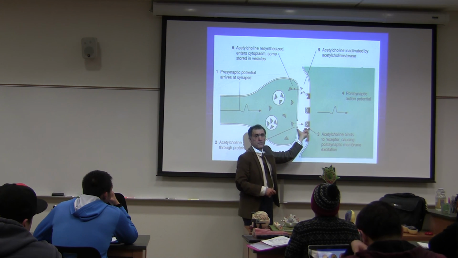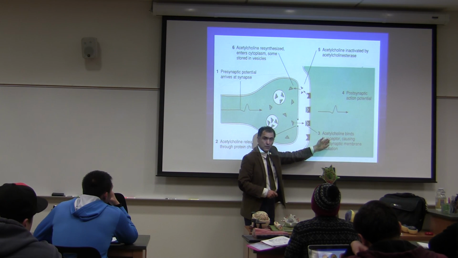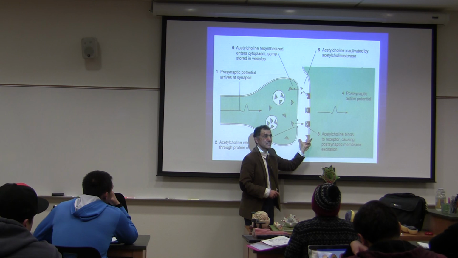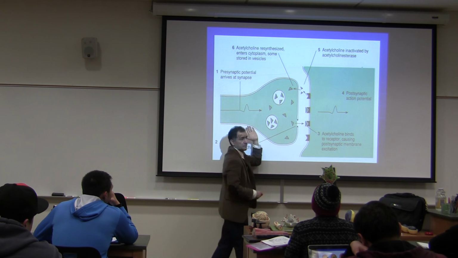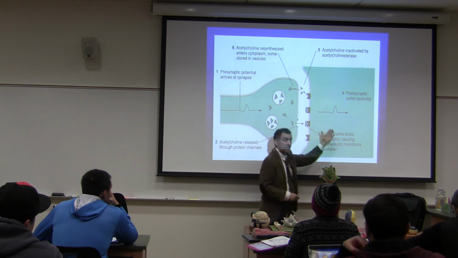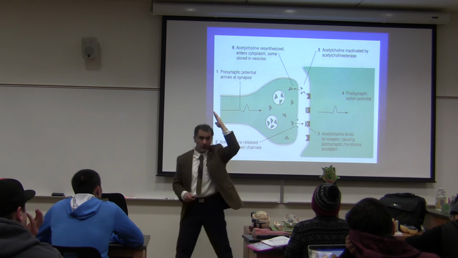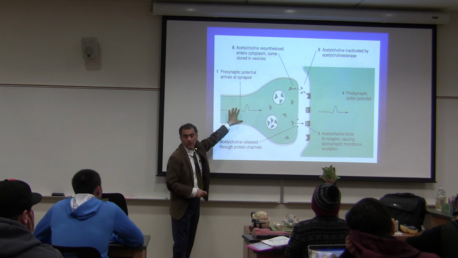A synapse is the space between two neurons, or a neuron and a muscle, or a neuron and a gland. This is the presynaptic neuron where action potential is initiated. This is the postsynaptic neuron, where action potential is going to take off, and this is in rest now.